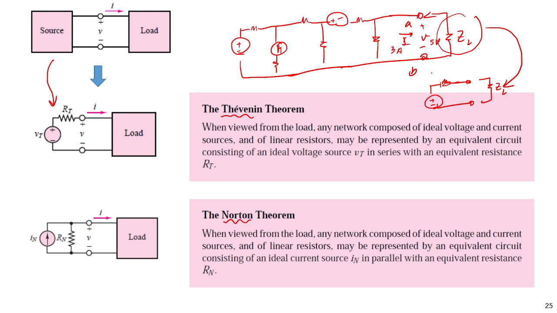If I find one very simple circuit and when I connect the device to its terminal, I also get 3 ampere and 5 volt, we call this circuit an equivalent circuit.